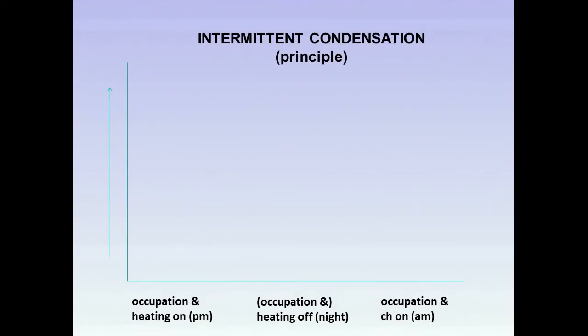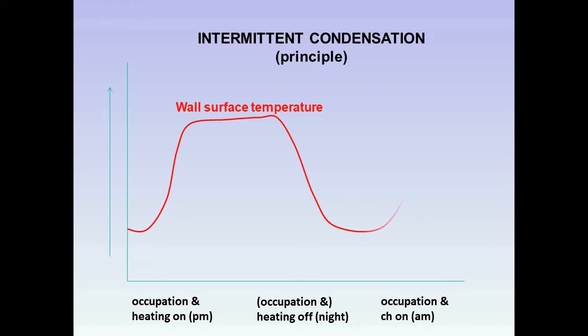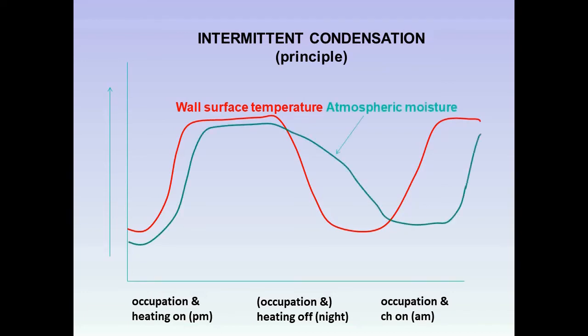The other factor one can look at is intermittent condensation, and this is the principle. On the bottom we can see we have occupation and heating on, occupation and heating off at night, and occupation and central heating on in the morning. So we start off with the wall surface temperature. We know the wall surface temperature is influenced by the air temperature. We now have atmospheric moisture levels.